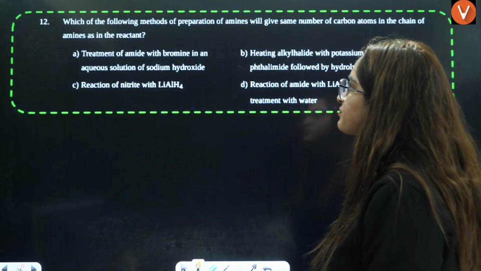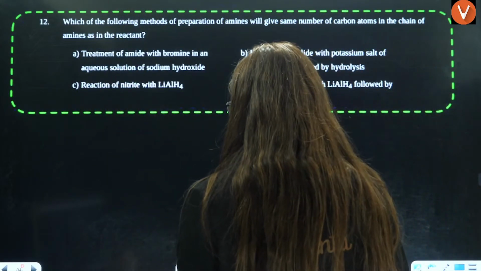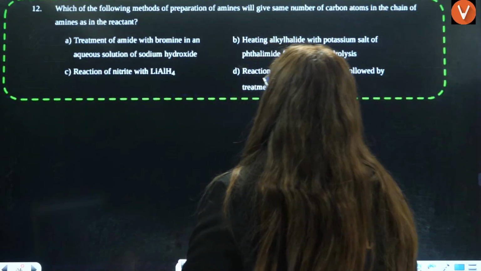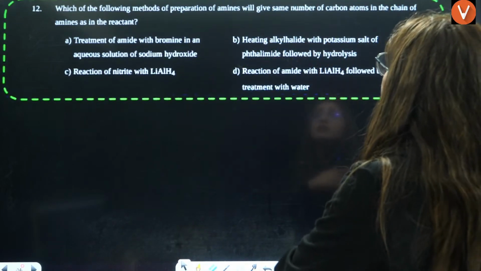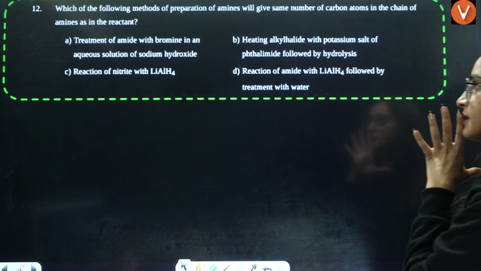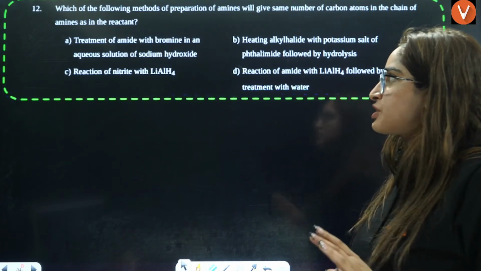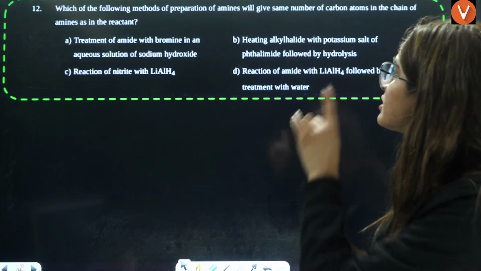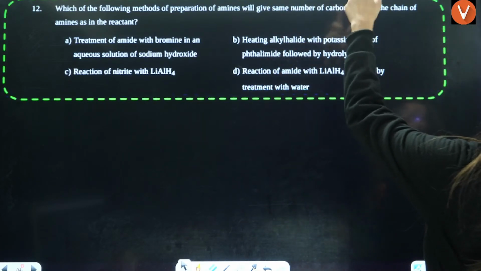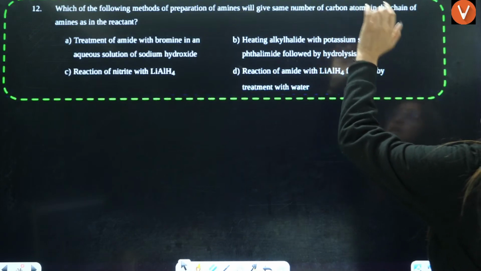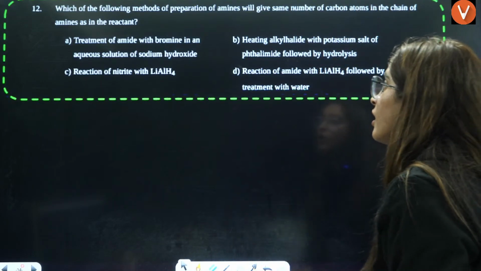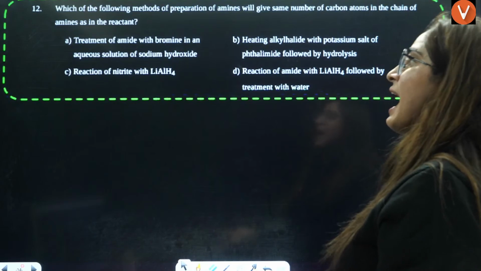Okay, chalo. Which of the following methods of preparation of amines will give the same number of carbon atoms in the chain of amines as in the reactant?